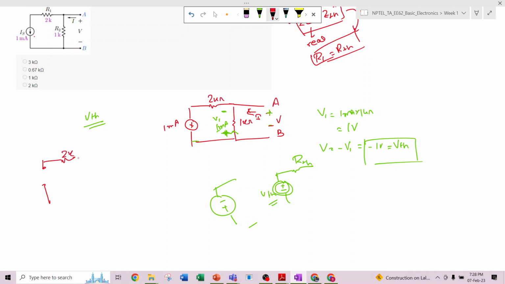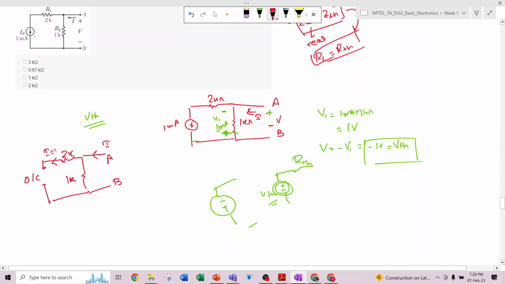Here it is 2K, here it is 1K, and here are A and B. If any current flows in this direction, no current will flow through the 2K ohm because it is open circuit, so the current there is 0. The entire current will flow through this direction, so only the 1 kilo ohm will appear as the Thevenin resistance. So RTH is nothing but 1 kilo ohm.